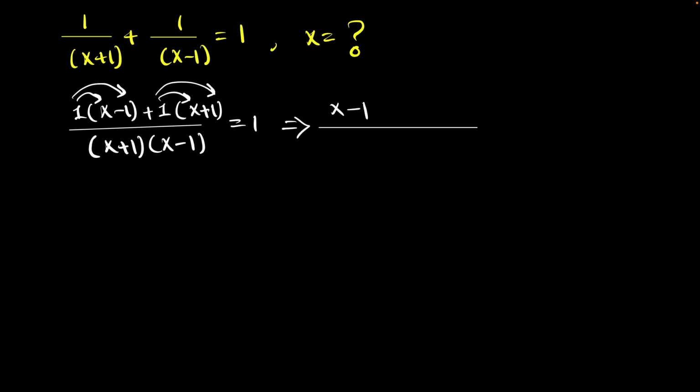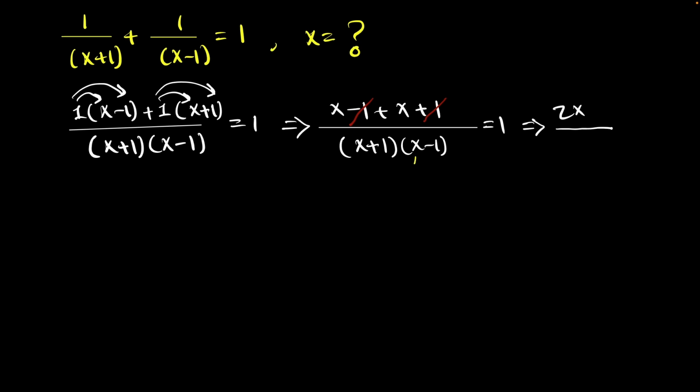And also here, the second term, 1 times x is x, and 1 times 1 is 1, over x plus 1 times x minus 1 equal to 1. So here we can cancel out positive 1 with negative 1, and we can add this to get 2x over x plus 1 and x minus 1.